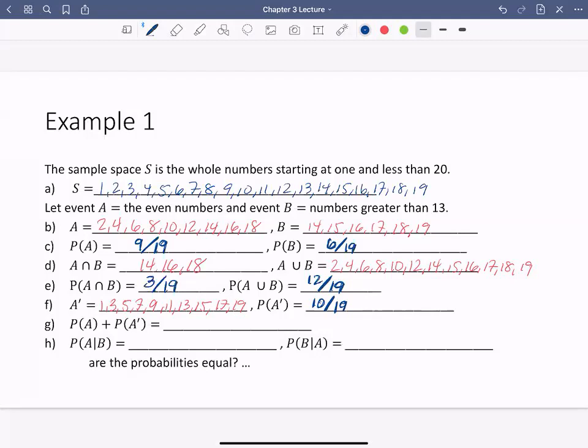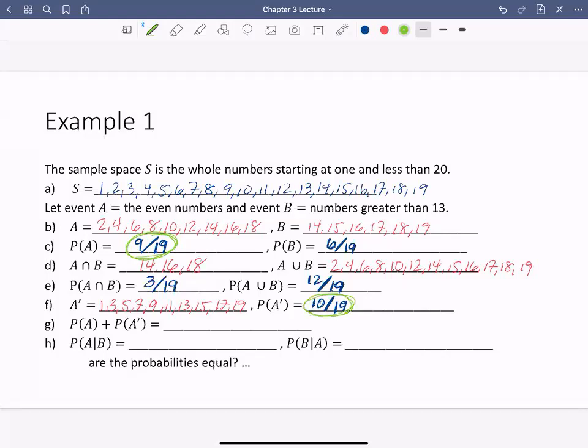Now the letter G says, what's the probability of A plus the probability of not A? Well, we can do it fraction-wise so you can see it if you'd like to, but I just said in the previous slide, if A is going to happen, it's going to be this percentage, and then the opposite is going to be a totally different percentage, but they're going to always add to 1, and I'm going to prove it to you. So the probability of A is 9 over 19, and the probability of not A is 10 over 19.